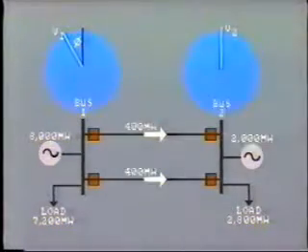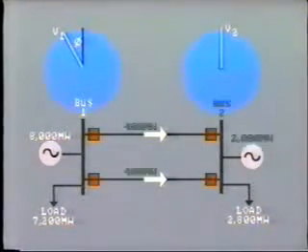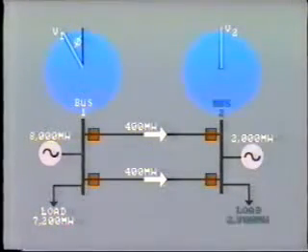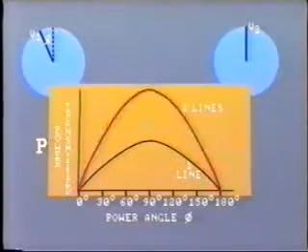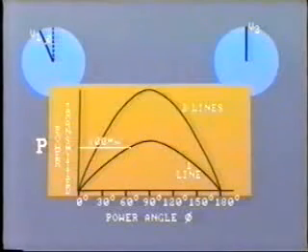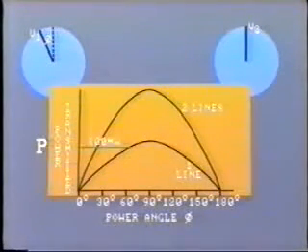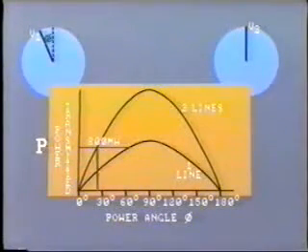2,000 megawatts are supplied from the generator at bus 2 to feed a load of 2,800 megawatts. This curve shows the situation with the two lines in service. In order to transfer the 800 megawatts across the transmission circuit, the voltage at bus 1 must be approximately 25 degrees ahead of the voltage at bus 2.